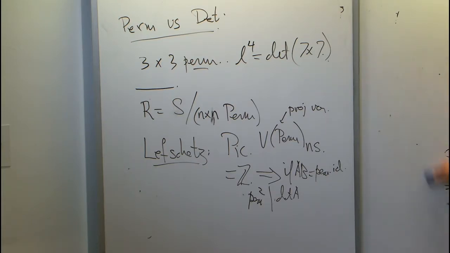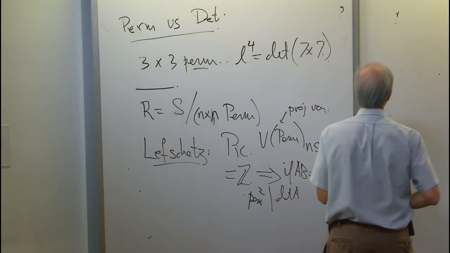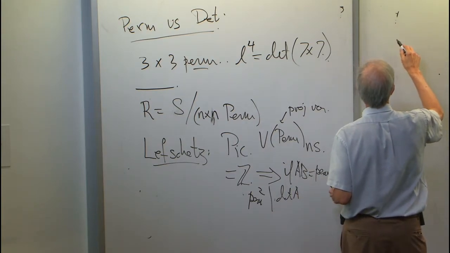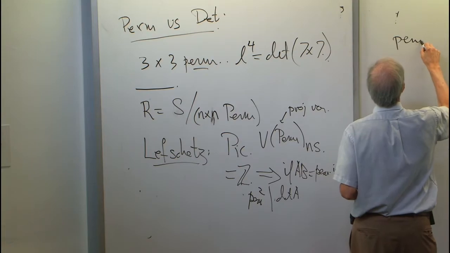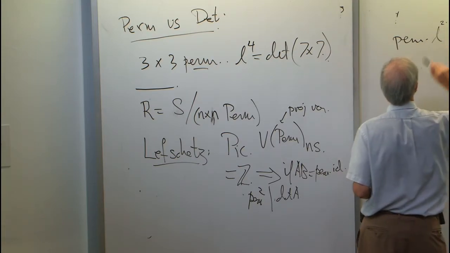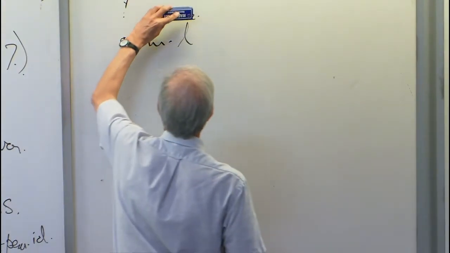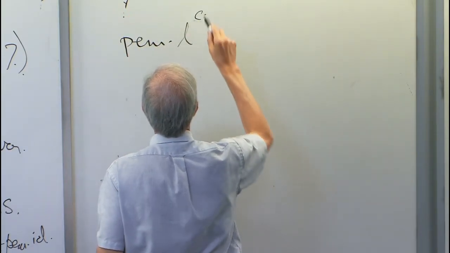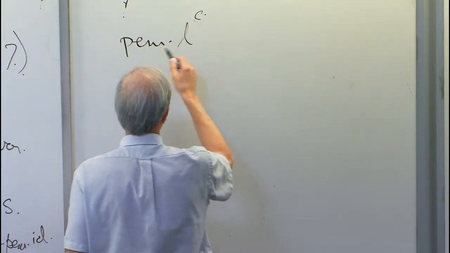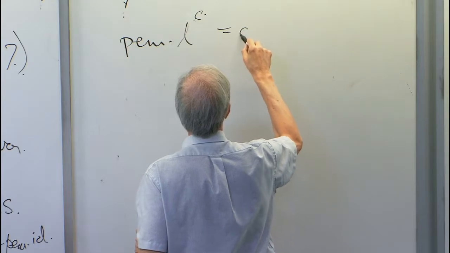Assuming that what I've just said is okay, and the codimension is bigger, and so on, then you can look at homogeneous factorizations of perm times L to the something, right? L to the C. And try to write this as the determinant of something.